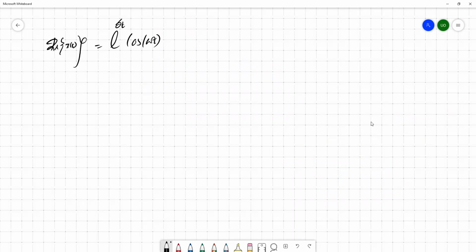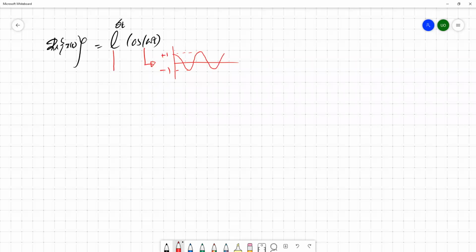You know that cos omega t looks something like this, fluctuating between plus 1 and minus 1.